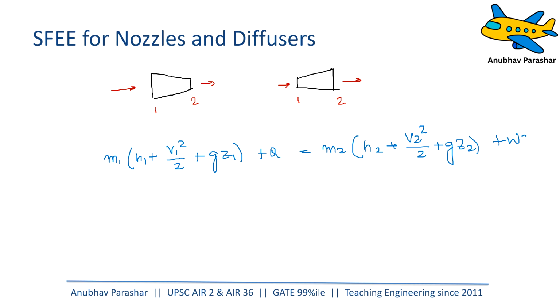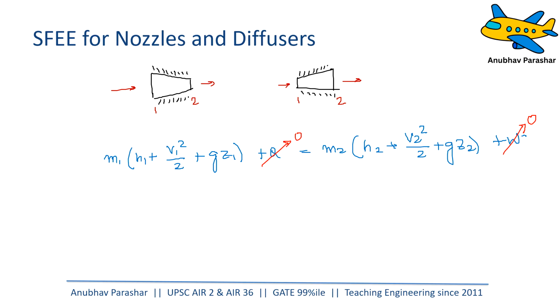Now, let us try to understand a few things. First of all, nozzles and diffusers are assumed to be insulated, meaning the process is going to be adiabatic. So once the process is adiabatic, the heat transfer is going to be zero. And nozzles and diffusers are not work producing devices, so they will not produce or consume any work. So this is also going to be zero.